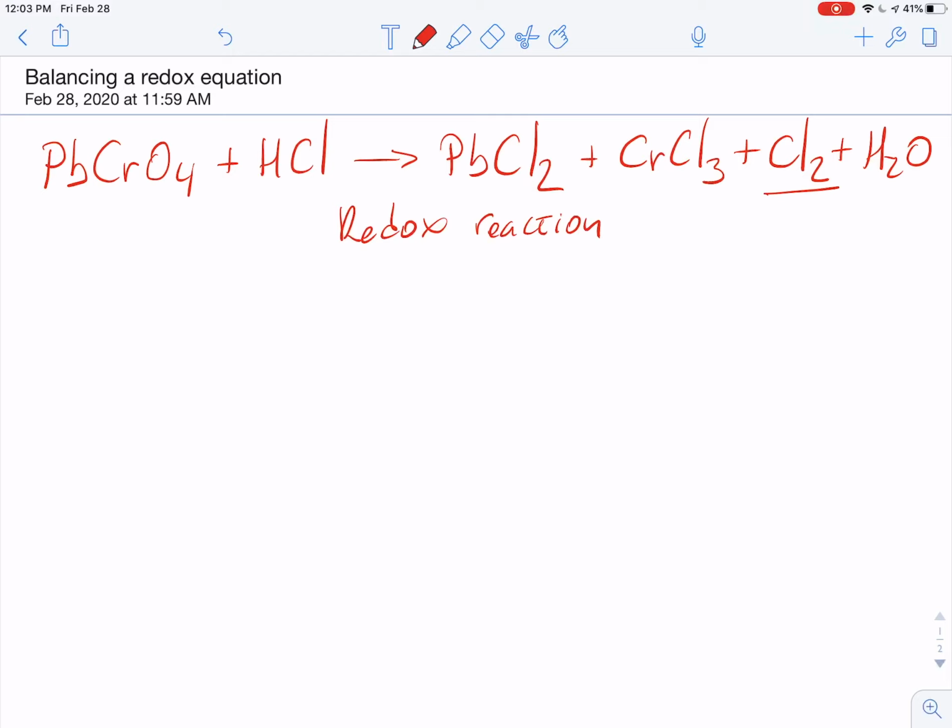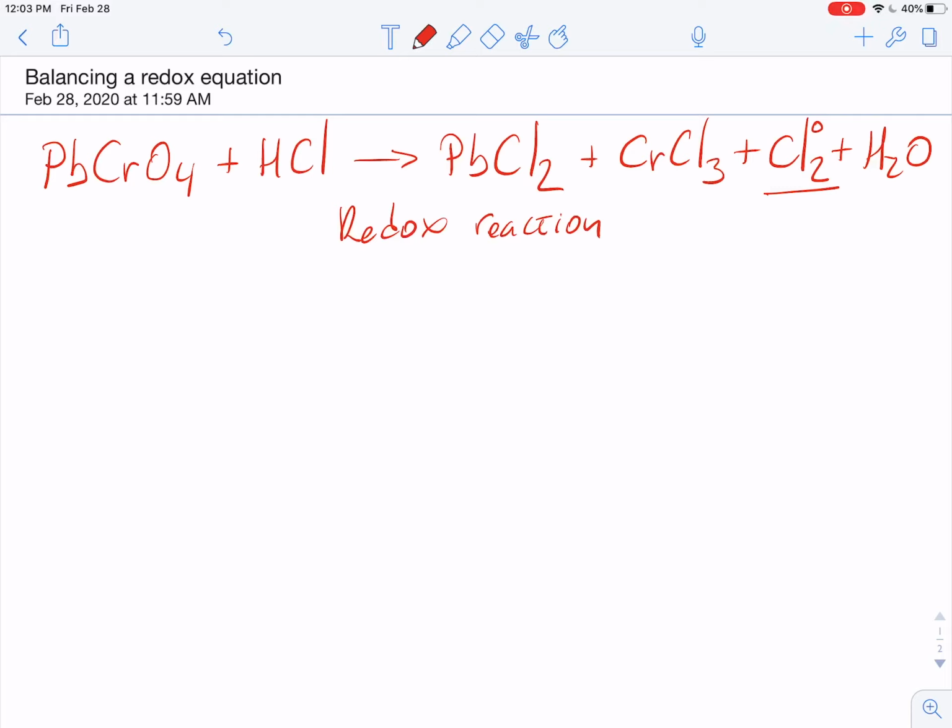Because chlorine is by itself, this is an element, and an element by itself has an oxidation number of 0. Whenever you see an element associated with another one, the oxidation number is going to be different from 0. So in the reactant side, that's the one that matters the most.